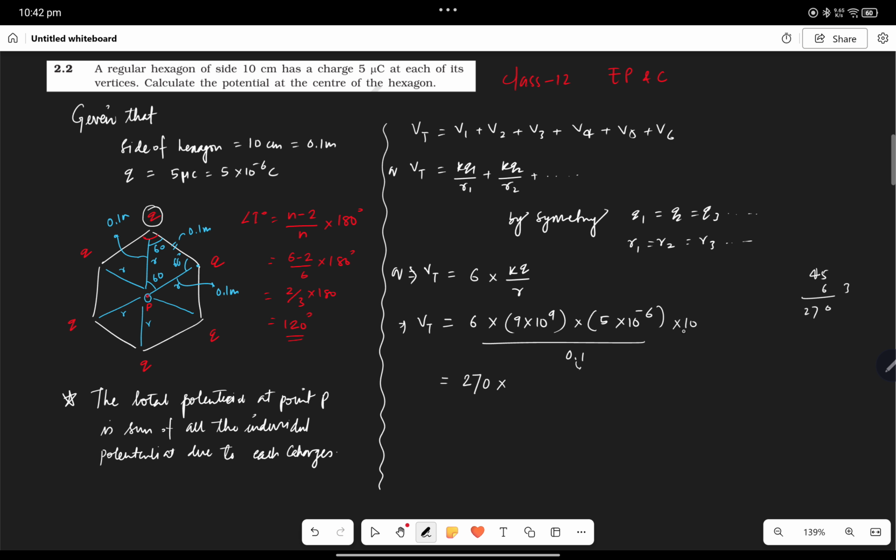270 into this 10 and 10 to the power 9, that means 10 to the power 10, and into 10 to the power minus 6, that means 10 to the power 10 minus 6, which is 10 to the power 4. So that is 270 into 10 to the power 4.